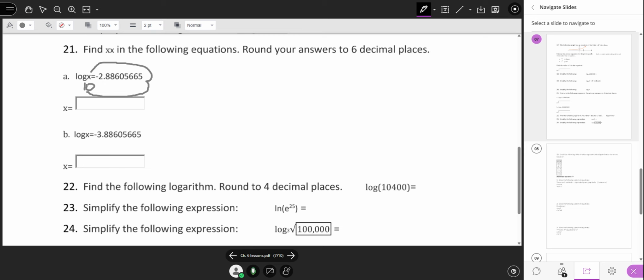Okay, these are not nice. 10 to the negative 2.8860565. Okay? These are nasty. I'm just telling you.